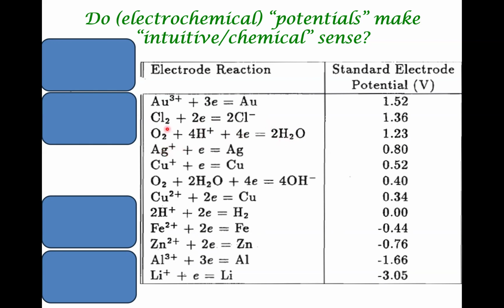Or take gold: from your high school chemical intuition, you would know that it's hard to ionize gold, so gold is actually a very electronegative element. So if you have Au3+, it can very easily get reduced and form Au. That's what we mean by saying some elements have high reduction potential.